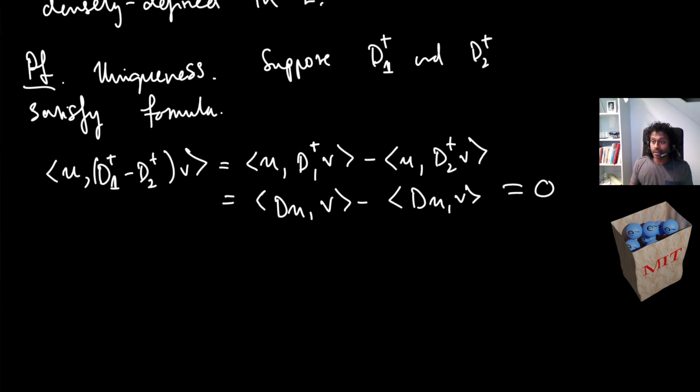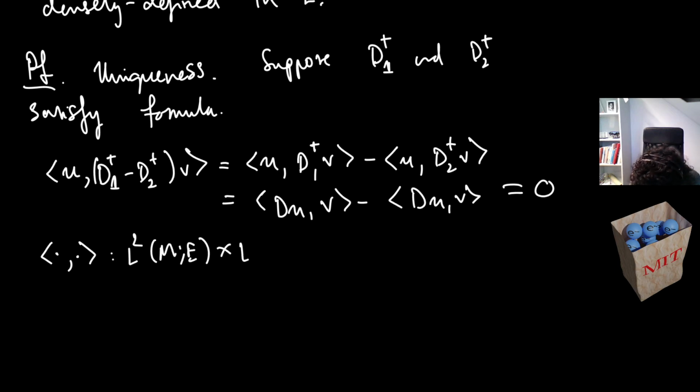But remember, this is an L2 inner product, and therefore it's a perfect pairing of L2 with itself. That's what a Hilbert inner product is. So here we're really looking at L2 of E, L2 of ME, 2K is a perfect pair.